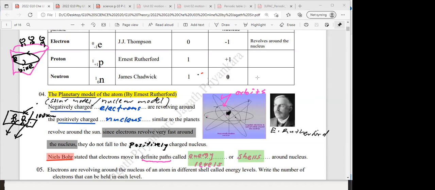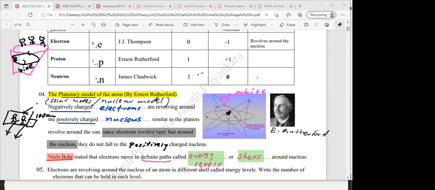After the discovery of subatomic particles, scientists wanted to find out where and how they exist inside an atom, their location and their behavior.